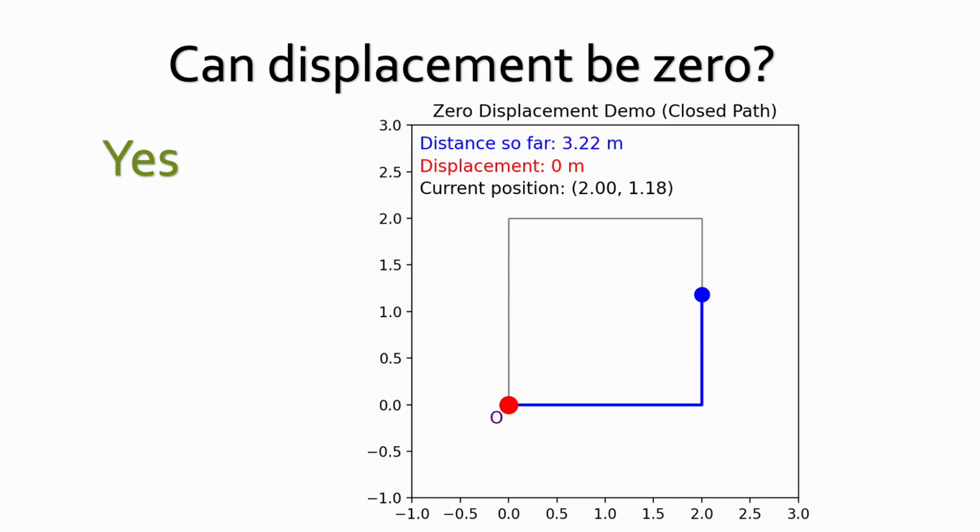Can displacement be 0? Yes. If you start and finish at the same point, your displacement is 0 even though distance is not. For example, jogging around a park and returning to the start gives you displacement equal to 0.